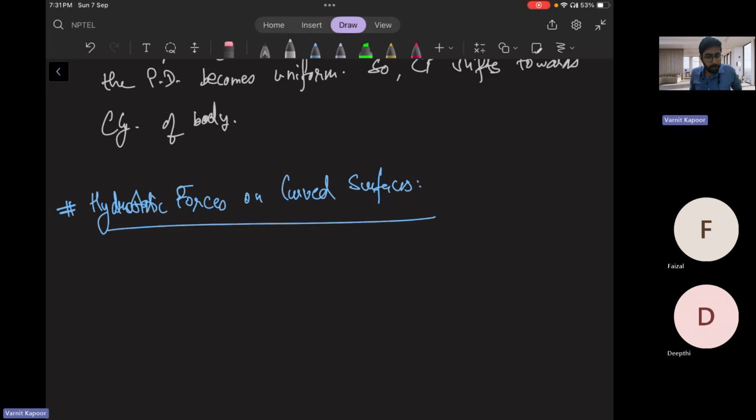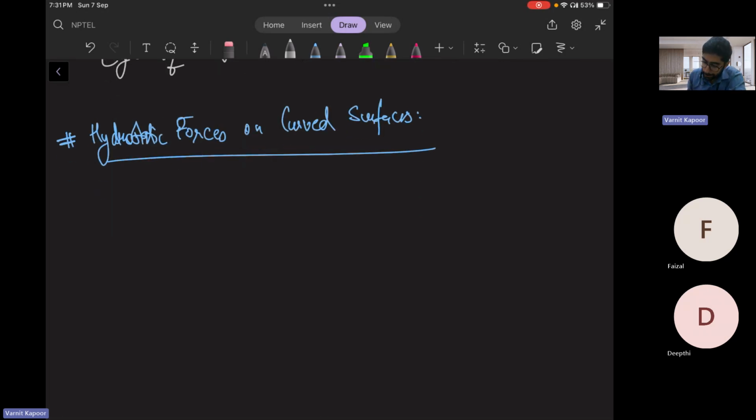So hydrostatic forces on the curved surfaces are in different orientation. So there will be a resultant force, which is a combination of horizontal as well as vertical force, which will act. So if I have a free surface like this, and my surface is somewhat like this, suppose. This is my curved surface.